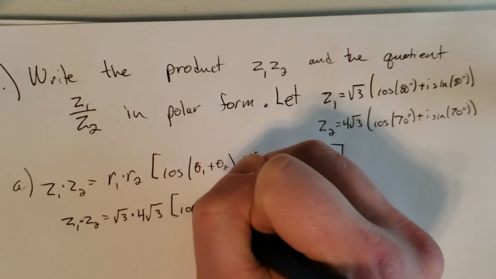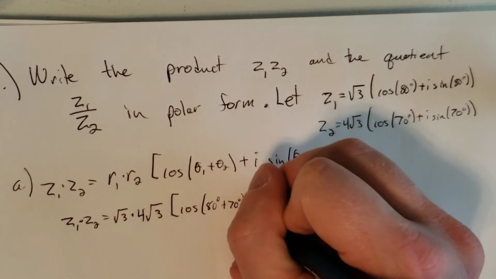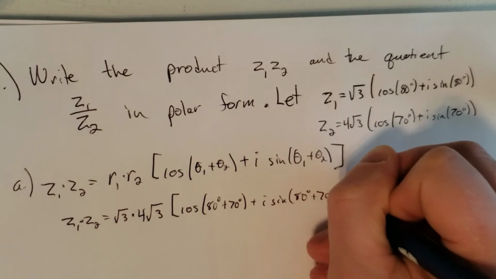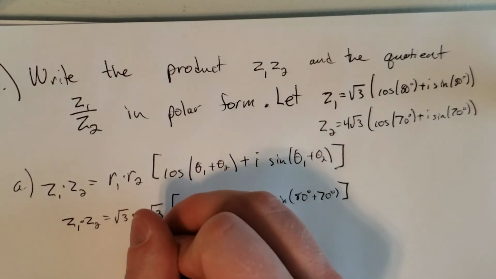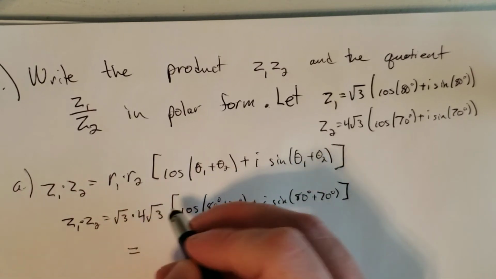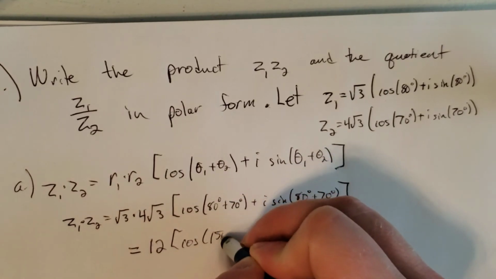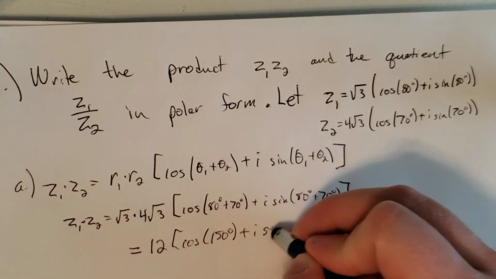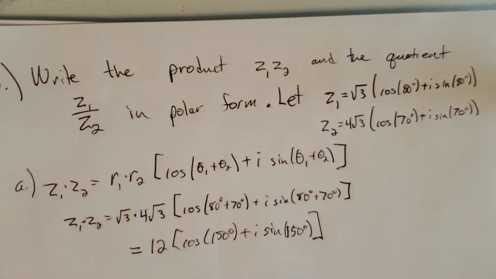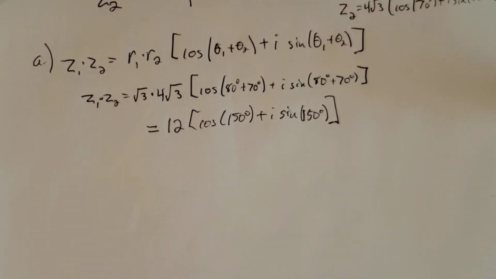And then theta 1 was 80 degrees. Theta 2 is 70 degrees. So this is equal to 4 times the square root of 3 times the square root of 3. Square root of 3 times the square root of 3 is just 3, so 4 times 3 is 12, times cosine of 150 degrees plus i sine of 150 degrees. Okay, so that is z1 times z2.